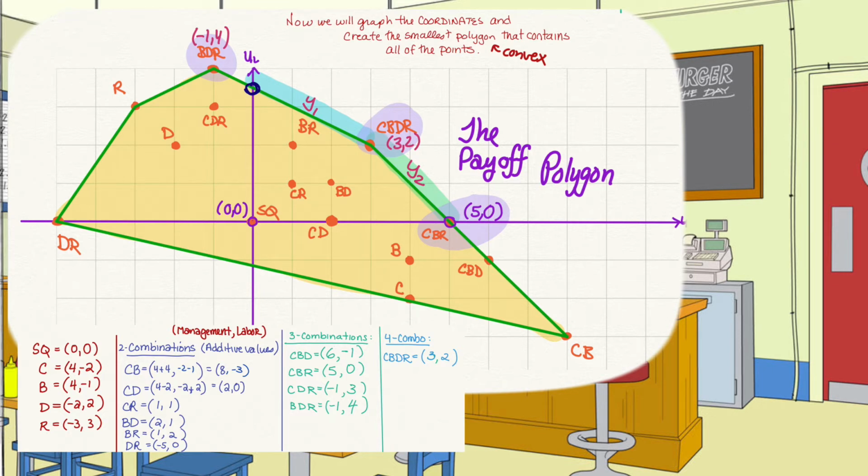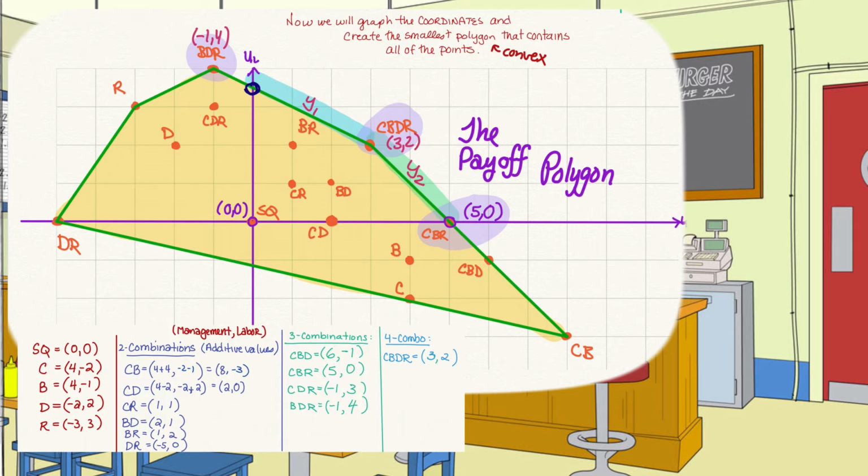Now, according to the Nash arbitration scheme, which focuses on the solution being on the northeast boundary of this polygon, here I've labeled those boundary lines as Y1 and Y2, highlighted in blue and green. We'll be looking for a point that satisfies this Nash arbitration scheme, as discussed in our last video.